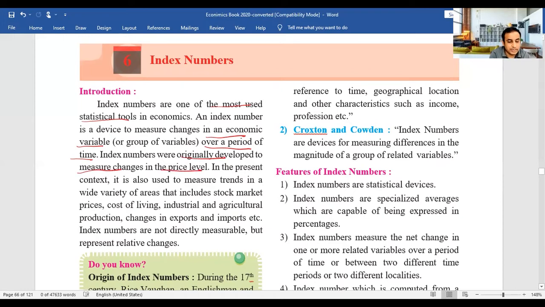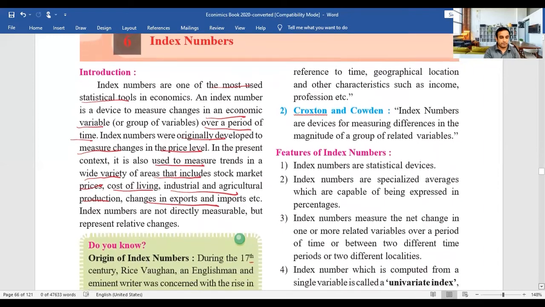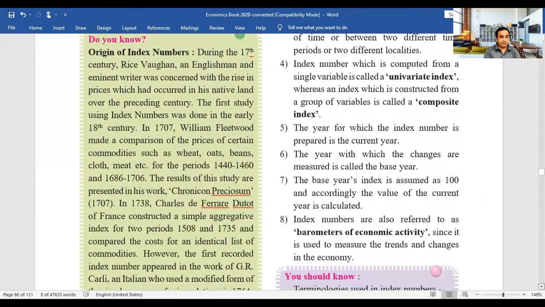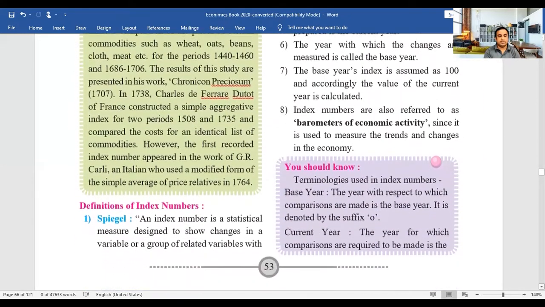In the present context, it is also used to measure the trends in a wide variety of areas that includes the stock market prices, cost of living, industrial and agriculture production, changes in exports and imports. So basically index numbers are those statistical devices which measure the comparative change between two economic variables over a different period of time. We have also seen the definitions of index numbers.